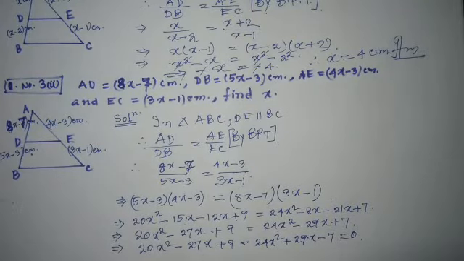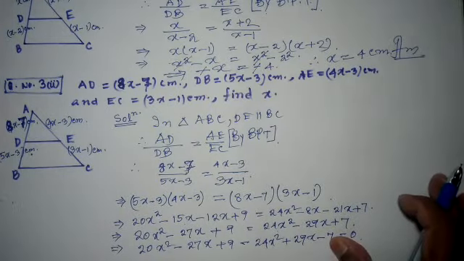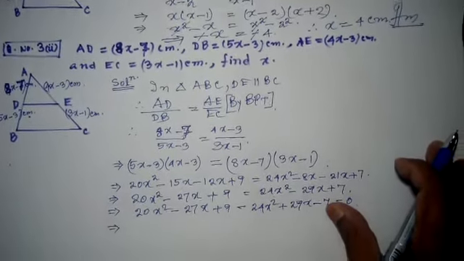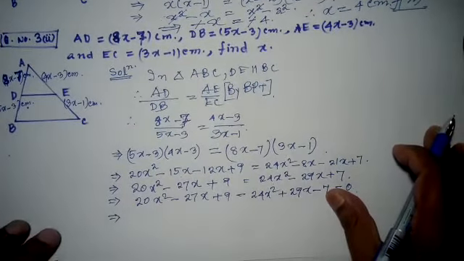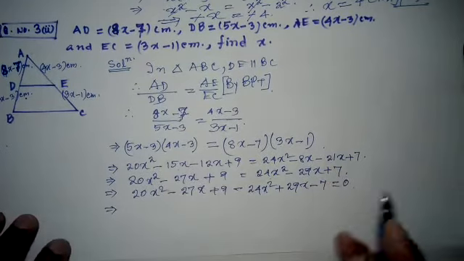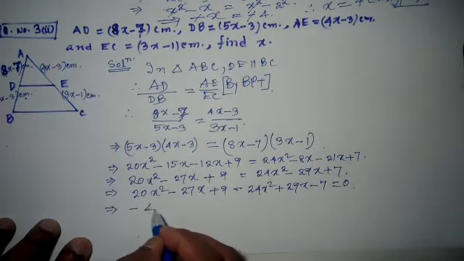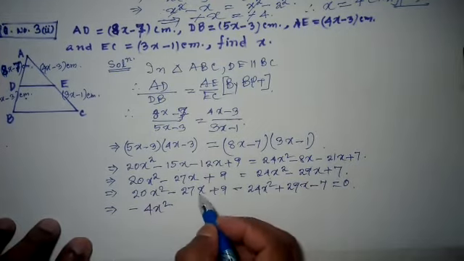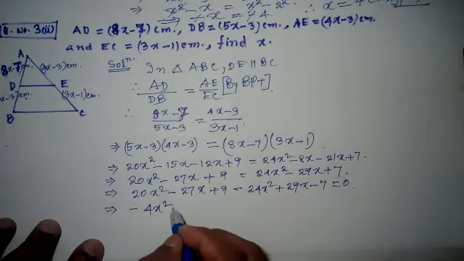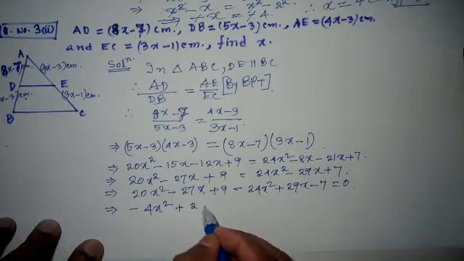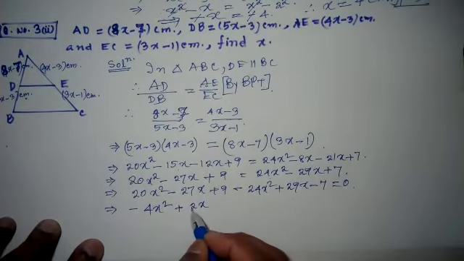Then next, similar terms we will add or subtract. So 20x square minus 24x square, if we subtract them, it will be minus 4x square. Minus 27x plus 29x will be plus 2x, the bigger is plus, so here it is plus.